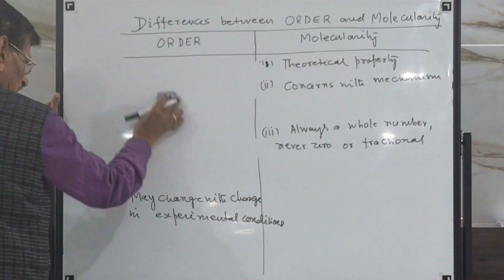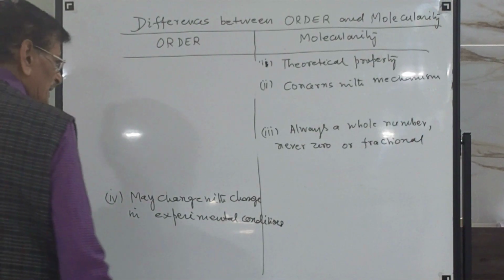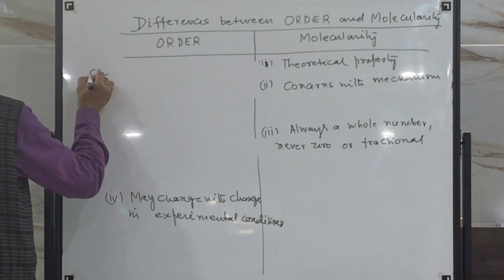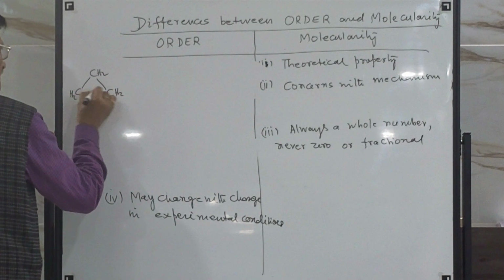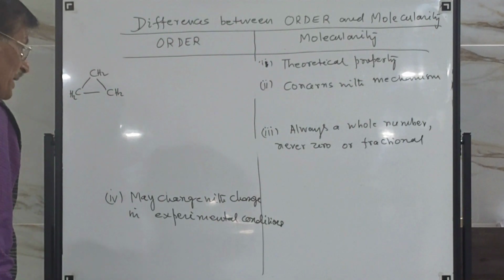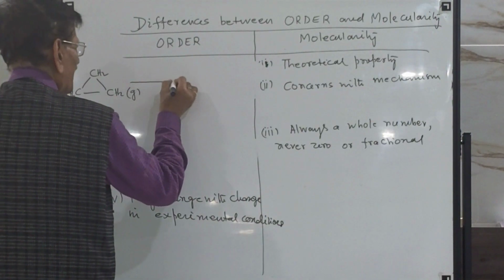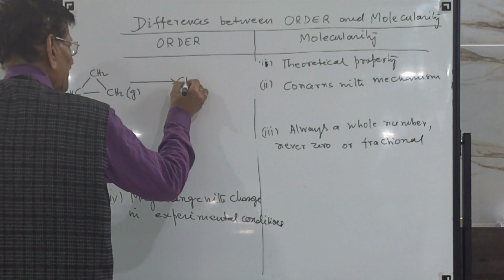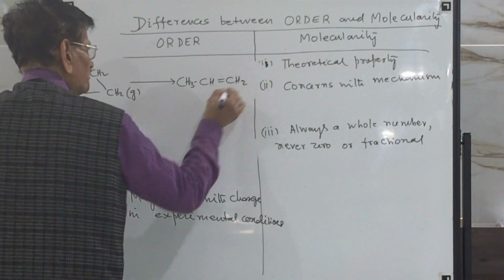Let us see an example of a reaction whose order changes with experimental conditions. Consider this reaction: CH2-CH2-CH2, which is cyclopropane gas. This cyclopropane gas, upon heating, converts into CH3-CH=CH2.